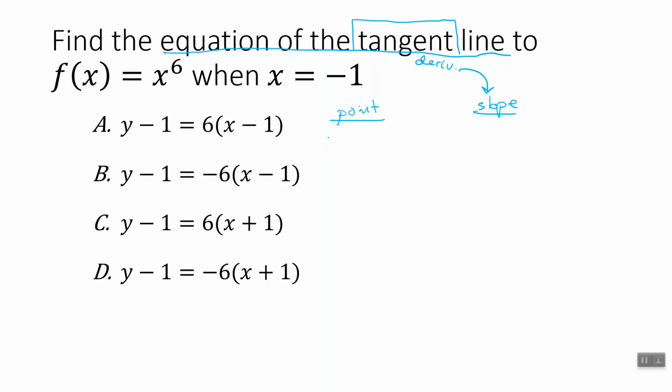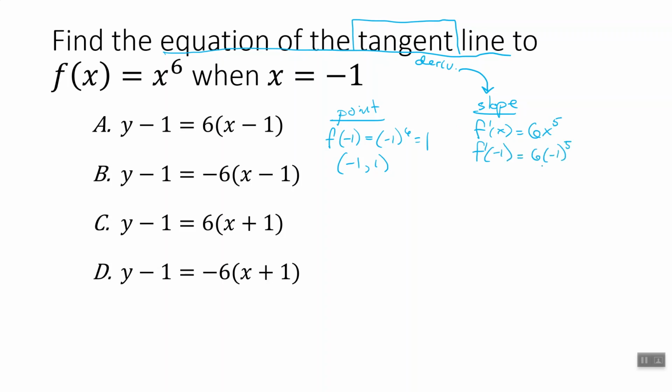All right, the point, we want f of just negative 1. So that's negative 1 to the 6th. If it's an even power, it makes it positive. So we get the point negative 1, 1. For the slope, we got to take the derivative. So f prime of x, bring down the 6, x to the 1 less power. So 6 minus 1 is 5. Now we are going to plug in negative 1. So 6 times negative 1 to the 5th.